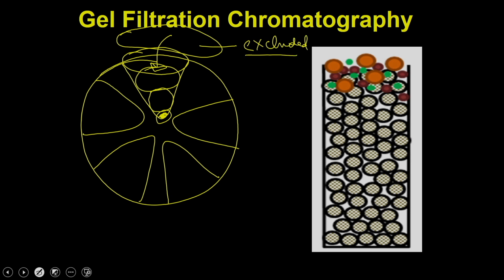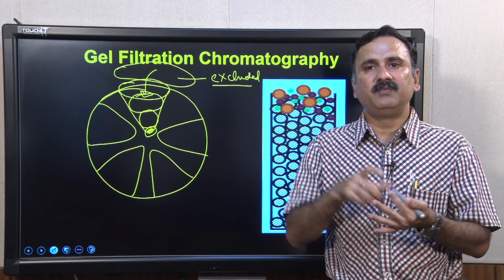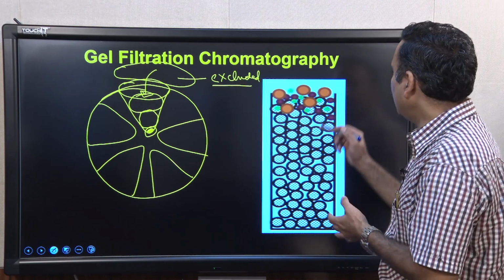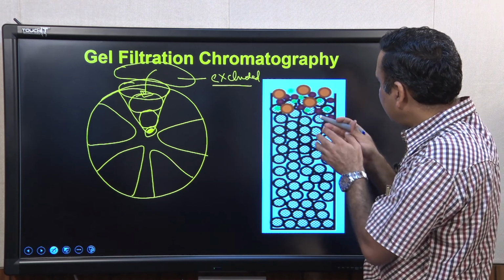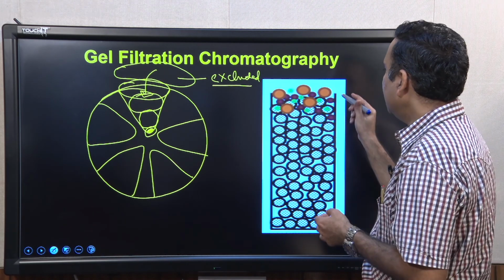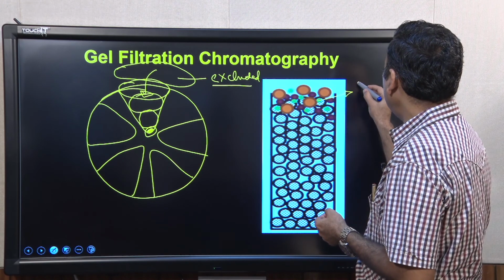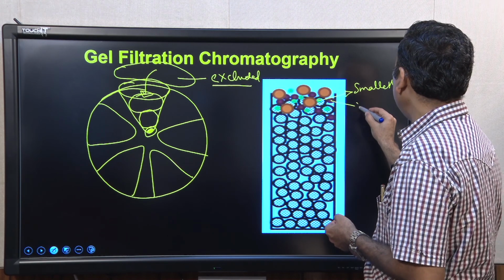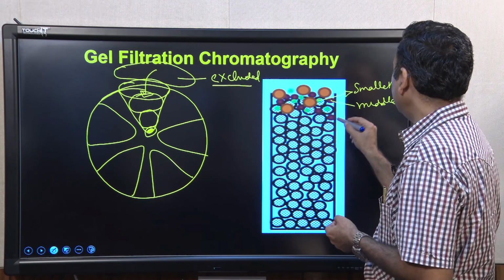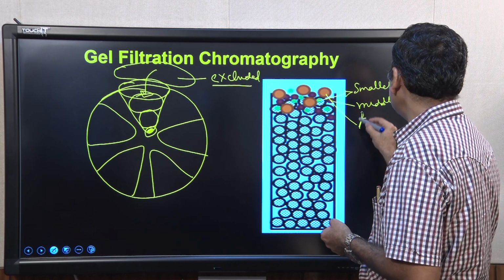When you load the samples, this does not occur in every bead present in the column, because there is a competition between the different molecules being loaded onto the column. Here, the green is the smallest molecule, the red is the middle size, and the orange is the largest molecule.